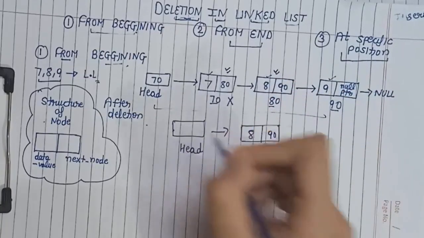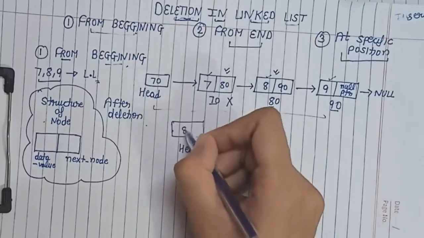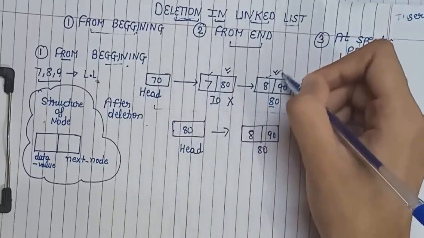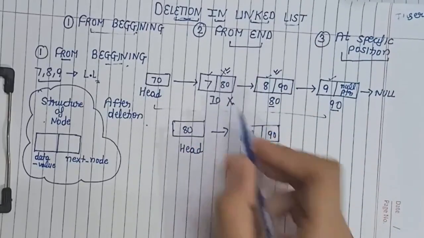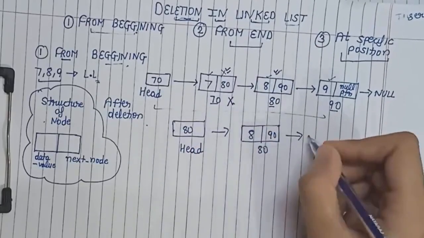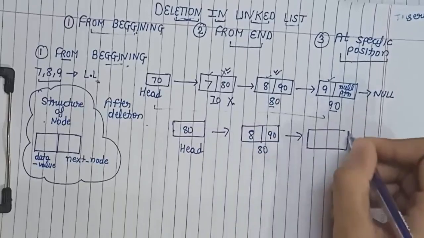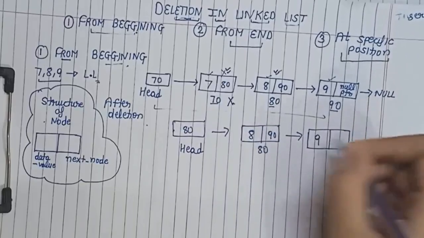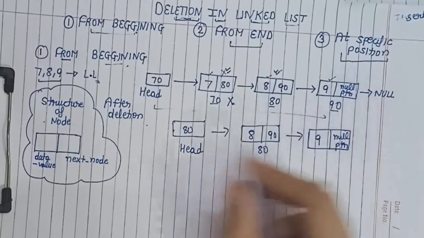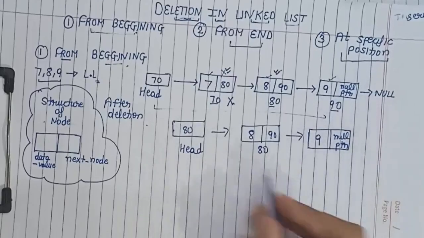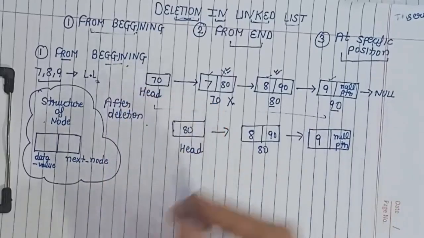So now the head will store the address 80, because now this is the first node, and the deleted node is not the first node now. The next node is this 9. So this will be your linked list after deletion from the beginning.